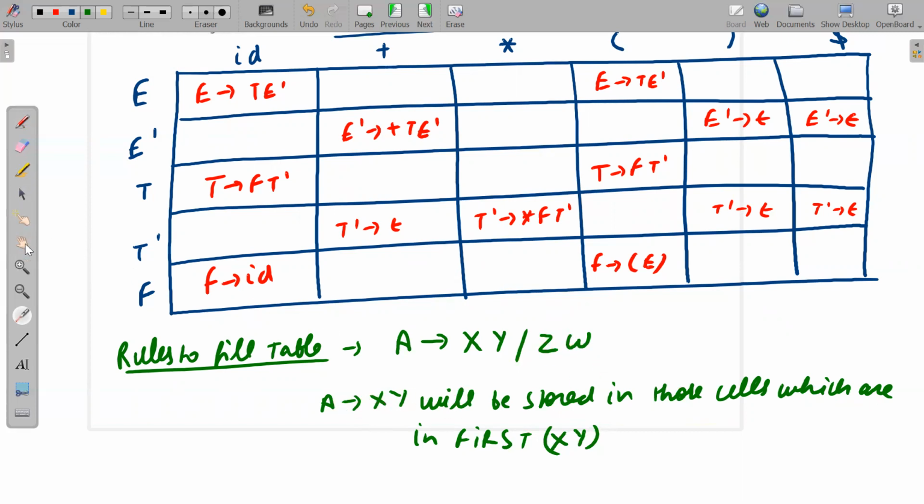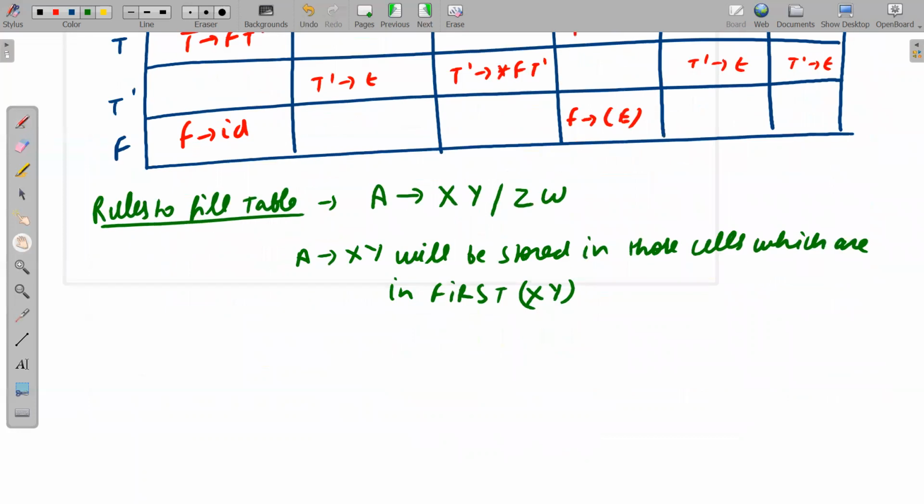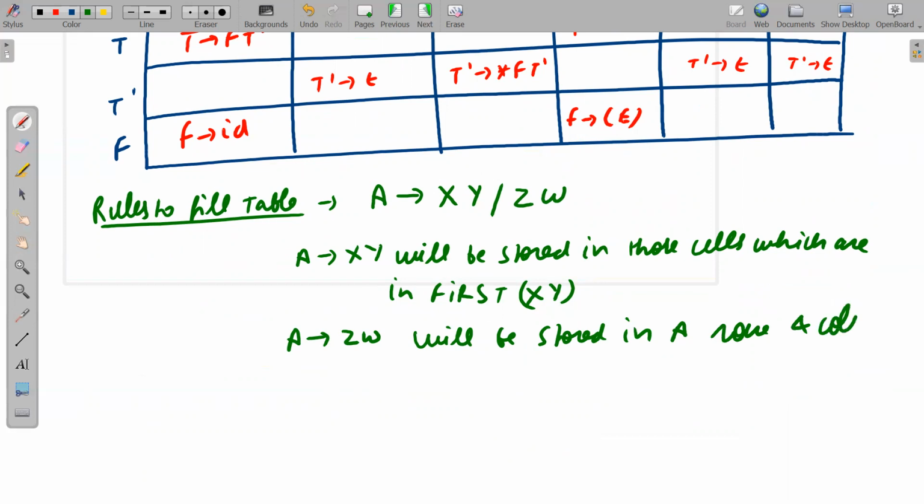Similarly, A implies ZW. Obviously, A implies ZW will be stored. Okay, now I will write it in the more precise manner. A implies ZW will be stored in A row and columns will be, what? Column will be first of ZW.